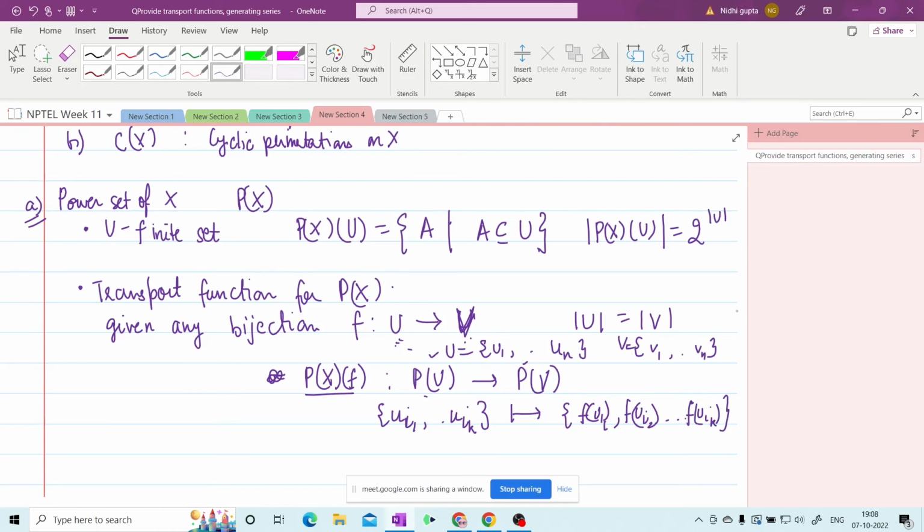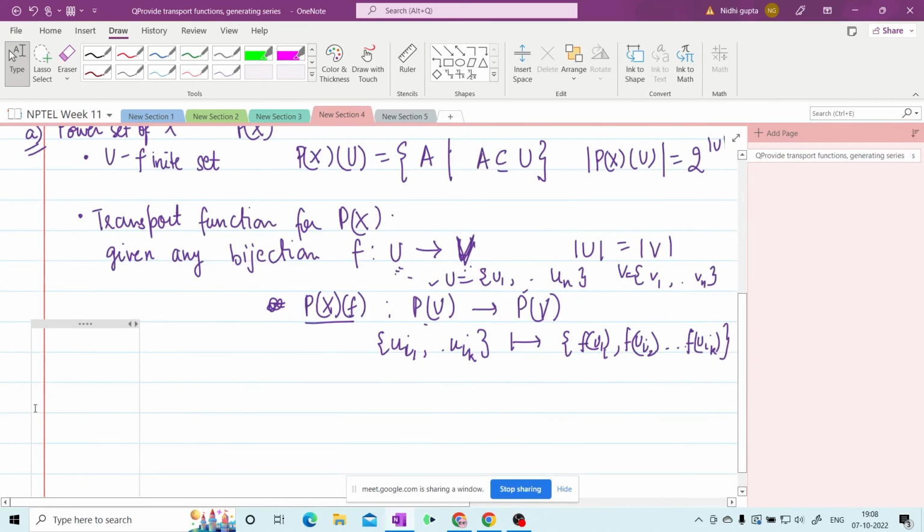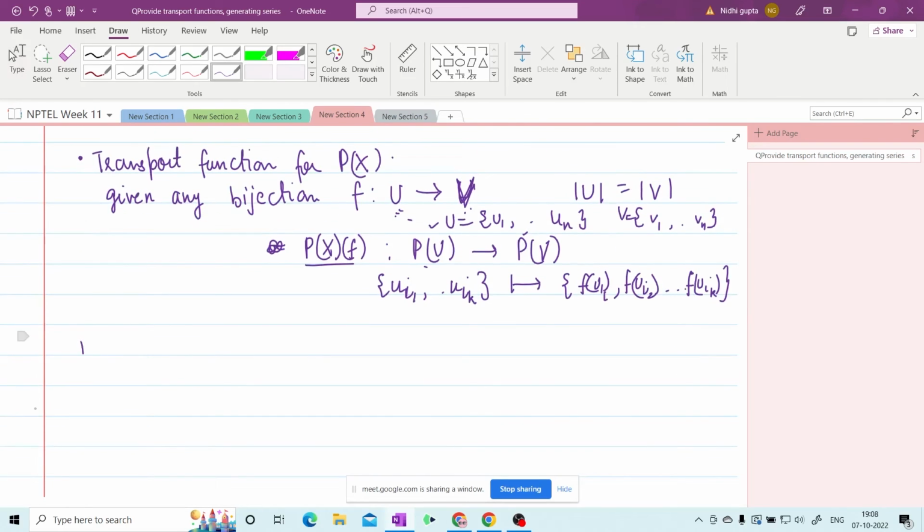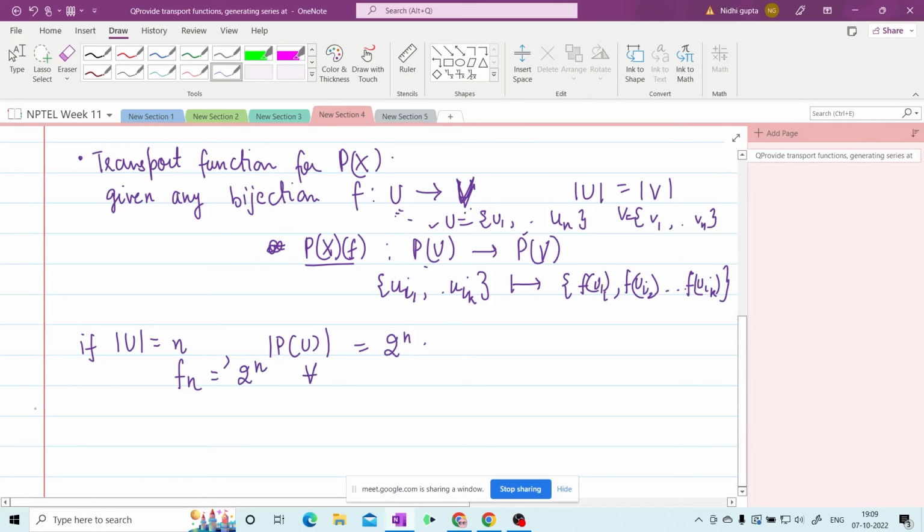So now if the order of u is equal to n, what is the order of P of u? We just discussed, it is 2 raised to the power n. So we see that fn is equal to 2 raised to the power n for all n.